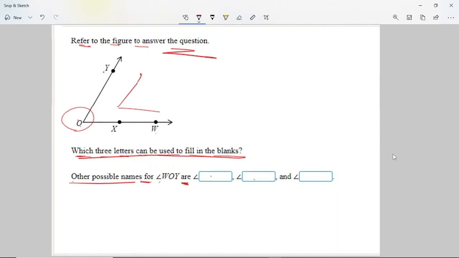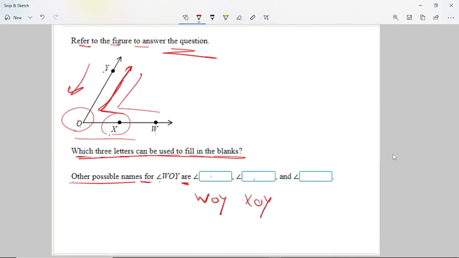So the first one can be YOW. And here I have another point called X, so I can say XOY, and the opposite YOX. So these are the names of the angles.